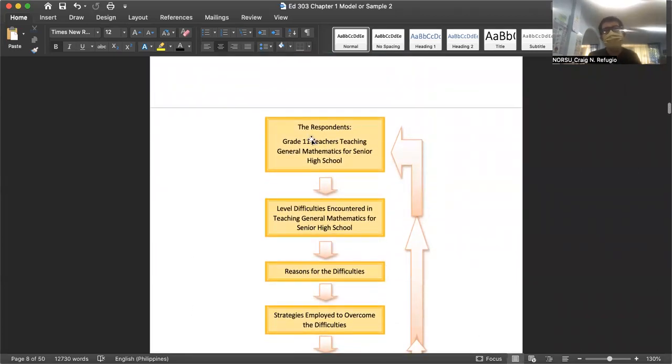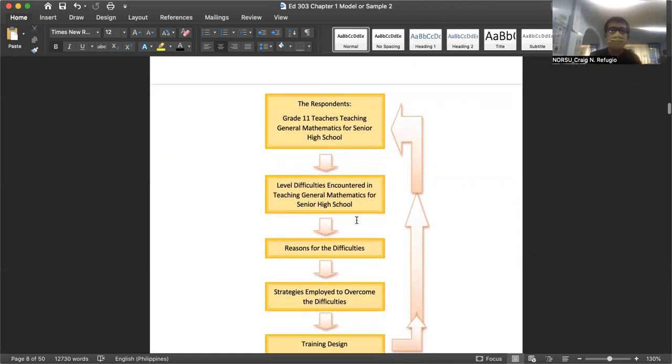So we start with the respondents of the study. In here, you're going to mention the respondents of the study, and all of you have different respondents. That's my assumption. Next is the level of difficulties encountered in teaching general math for senior high school.